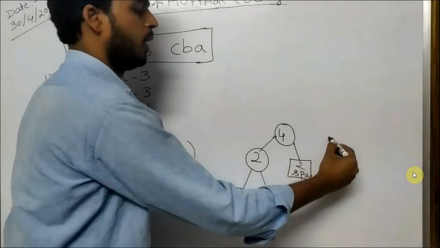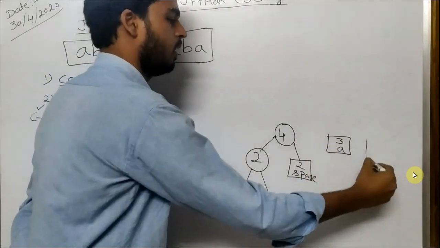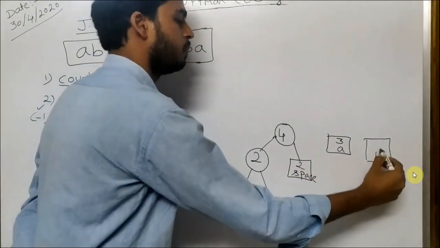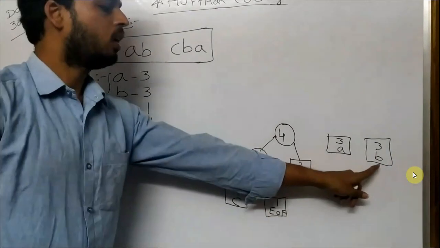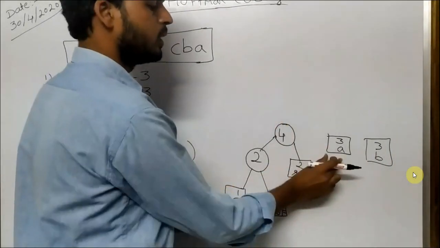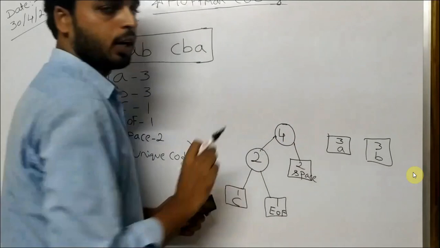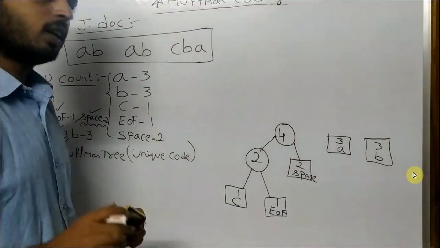So I am going to take the next character A3 and the next character B3, as these two are okay, fine. These two are smaller than the parent node. Why? What is the logic behind here?